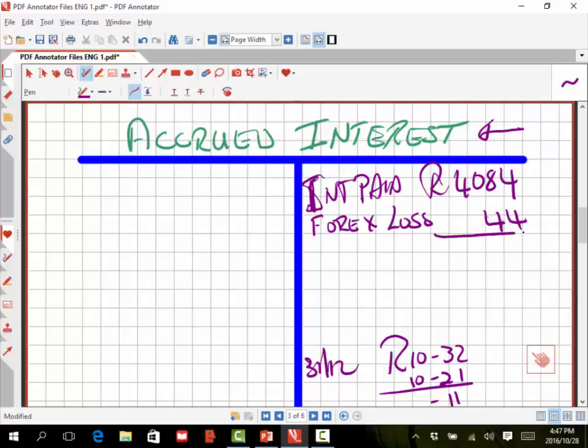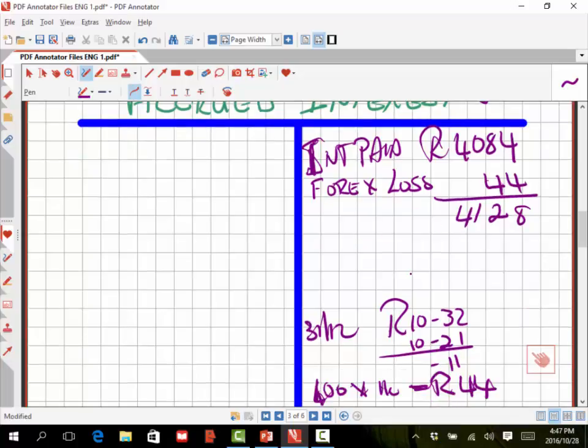Now how can we test that? What is our new rate? Our new rate at which this is stated is 10.32. Now 10.32 times 400 euros, which was the interest, will give us that rand value.